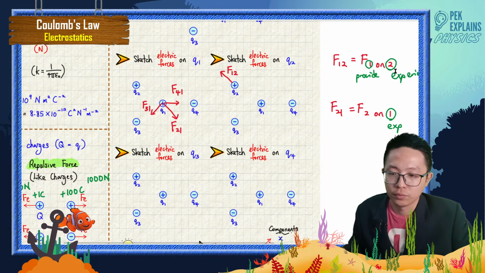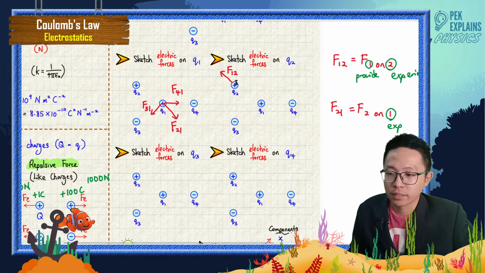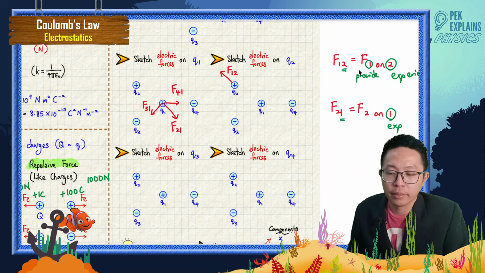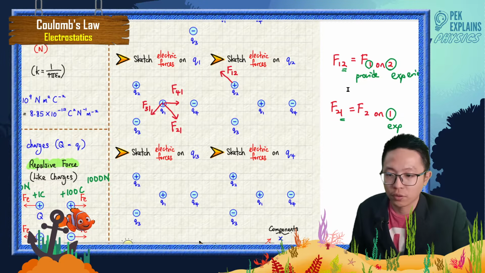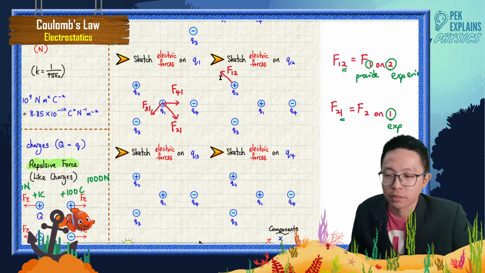So Q2 experiences the F12. The number behind is the one who experiences the force.